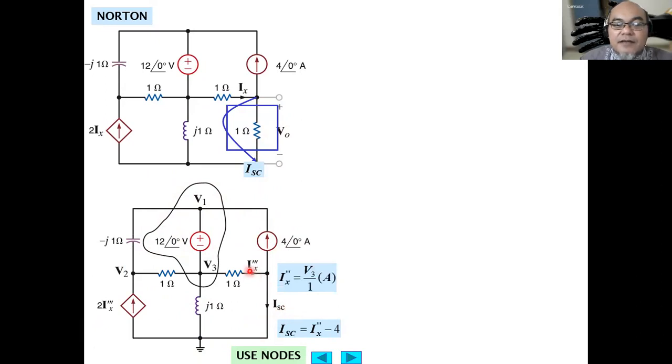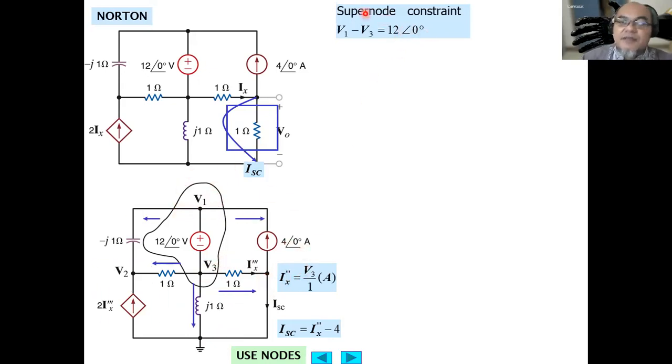So the I triple dash X equals V3 minus 0, since this one is connected to ground, divided by 1 ohm. The supernode constraint is V1 minus V3 equals 12 volt, similar to the previous method using node analysis.